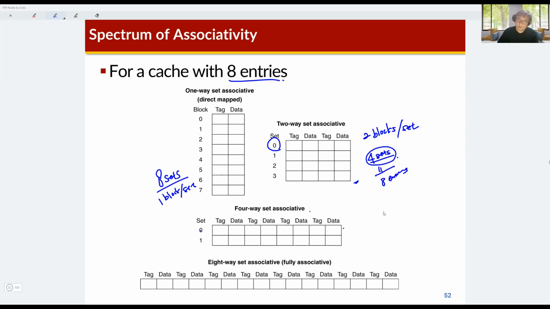How about the four-way set associative cache? That means 4 blocks per set, so there are a total of 2 sets. Okay, how about the 8-way set associative cache? This is equivalent to the fully associative cache, because there are 8 blocks per set, and since one set includes 8 blocks, this 8-way set associative cache has only one set.